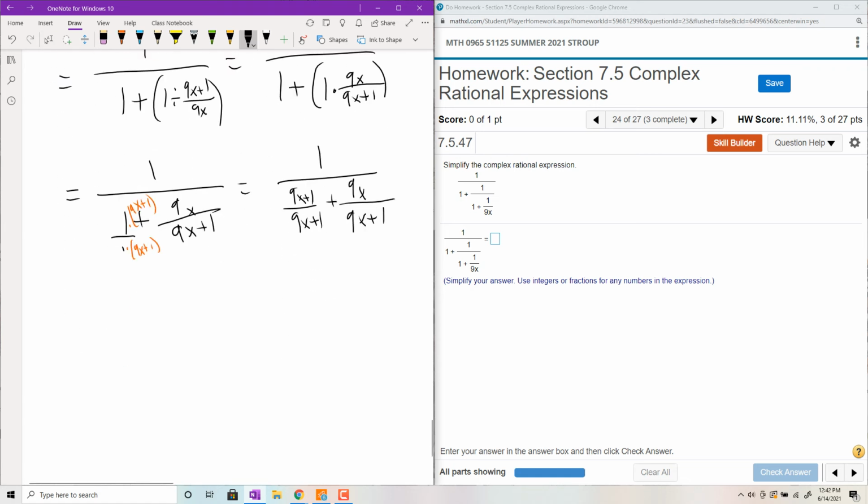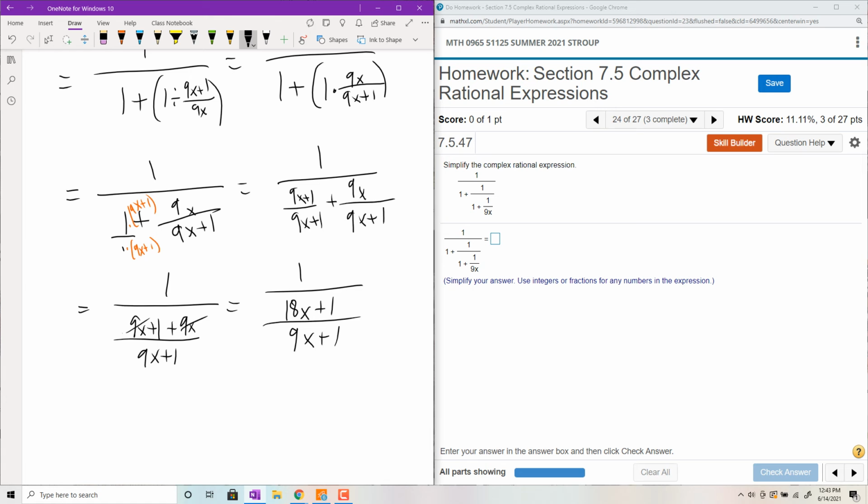Combine the numerators over the common denominator. So I have 1 plus 9x all over 9x plus 1. I could rewrite that. Combining like terms, 9x plus 9x is 18x's plus 1 all over 9x plus 1.